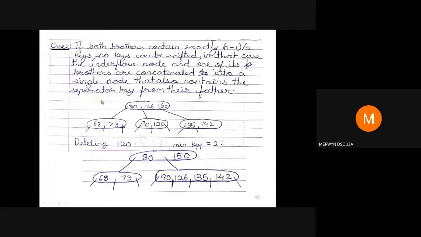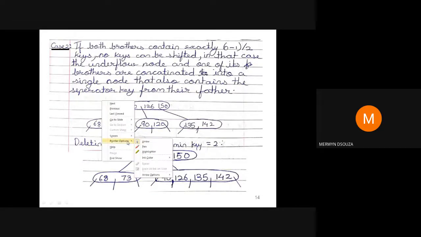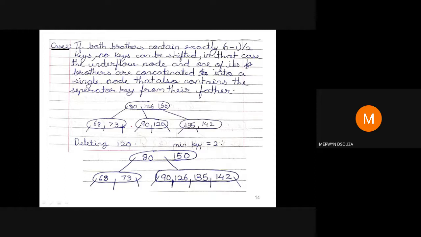Always start with case 1. Whenever you realize there's an underflow, you check whether you can apply case 1. If you cannot apply case 1, then you will try to apply case 2. If you cannot apply case 2, then you will go to case 3 and so on. You never jump to the third case or the second case directly without checking whether you can apply the first case. Go in order.